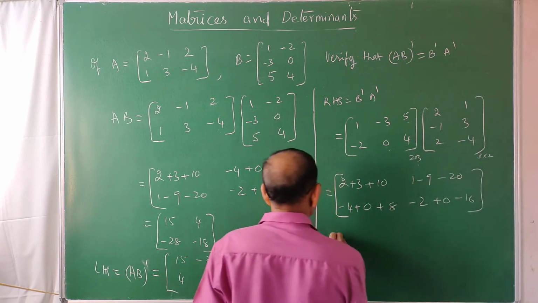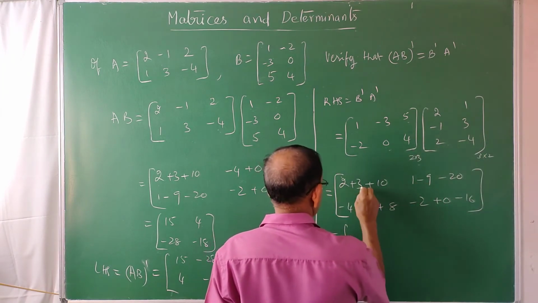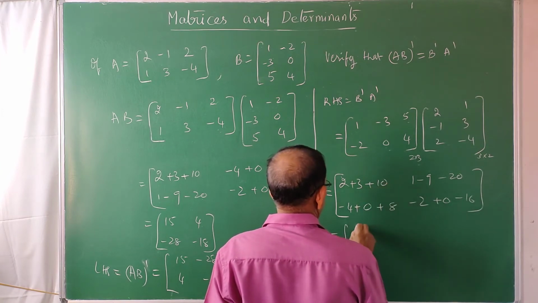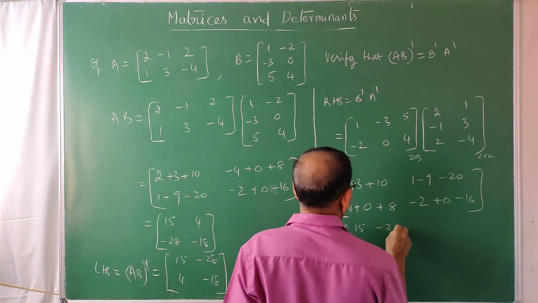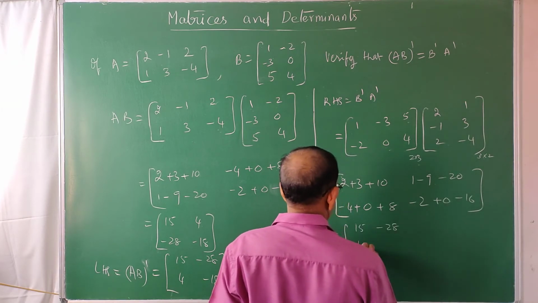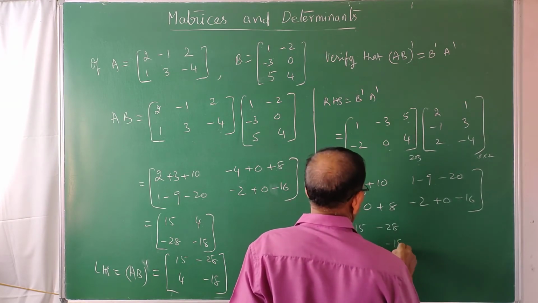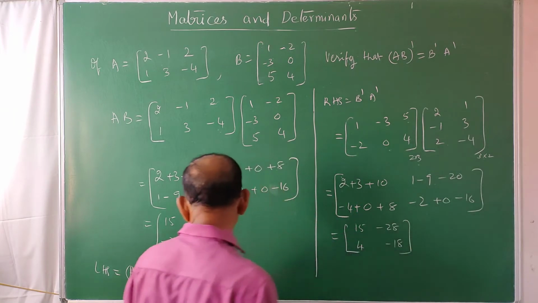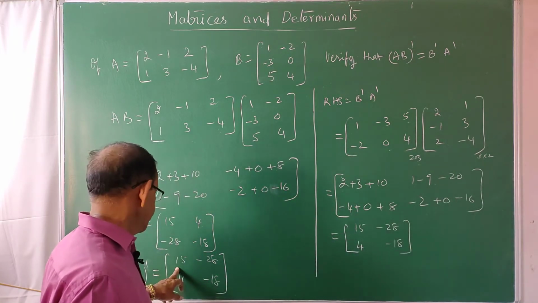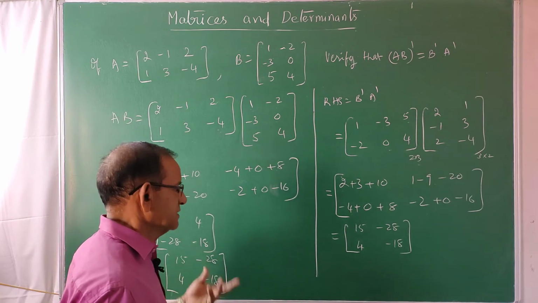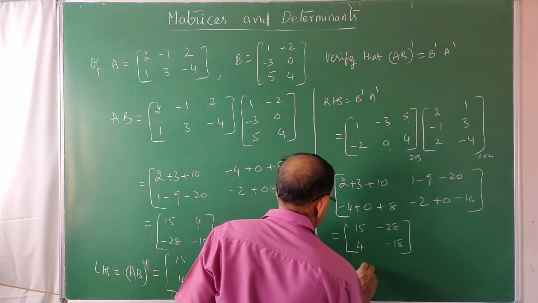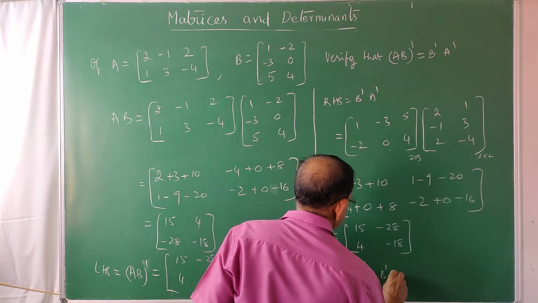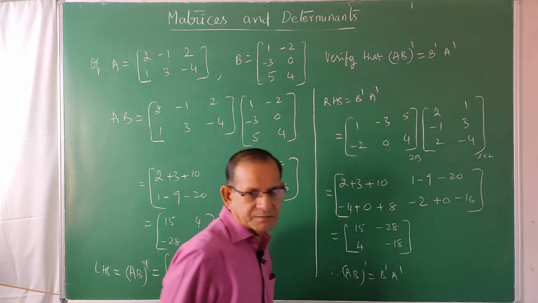So that is equal to 5 plus 10, 15, minus 29 plus 1, minus 28, 8 minus 4, 4 and minus 18. Now what about AB whole transpose? 15, minus 28, 4 and minus 18. Therefore, AB whole transpose is equal to B transpose into A transpose.